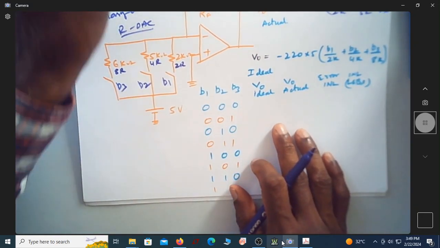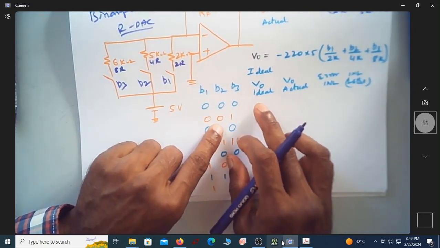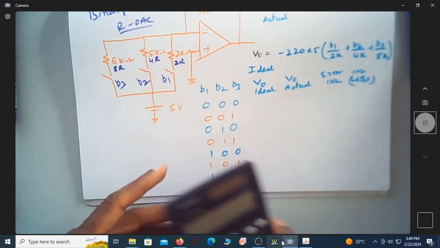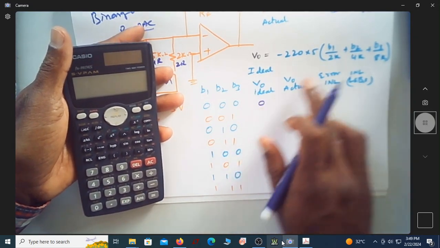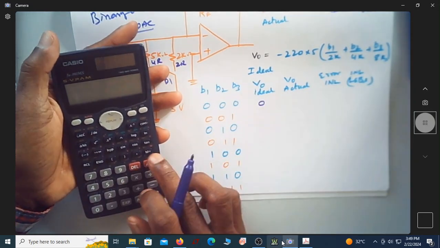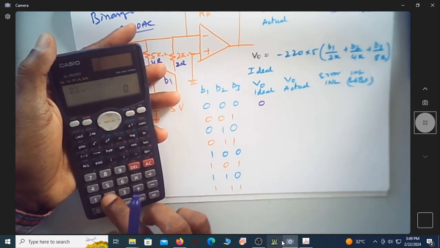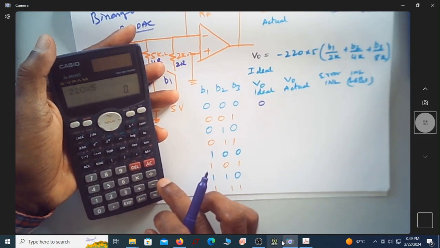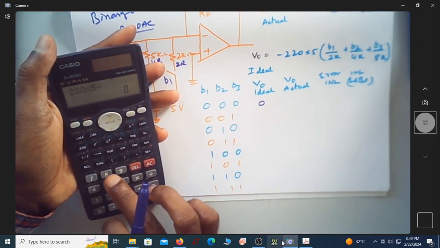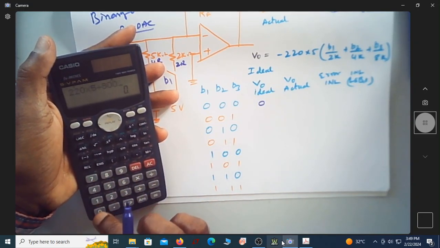So we are trying to find out what the ideal voltage is and what the actual voltage is that you are supposed to get. So the ideal voltage is anyhow 0 volt for 001. So is it not 220 into 5 divided by 8000?